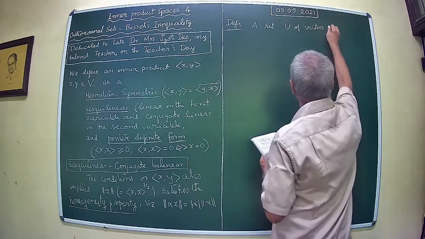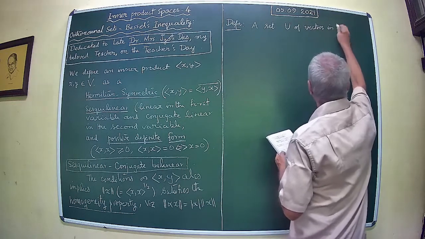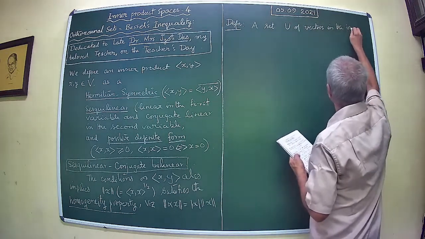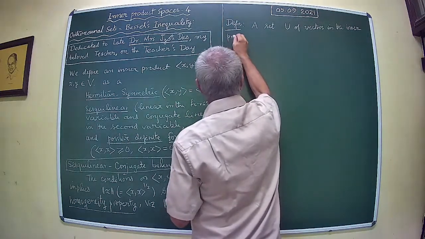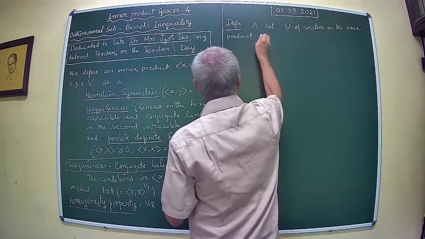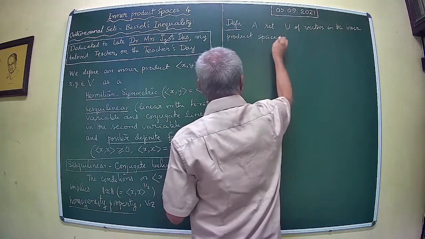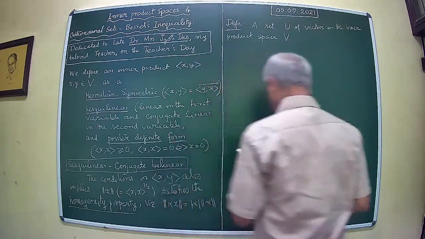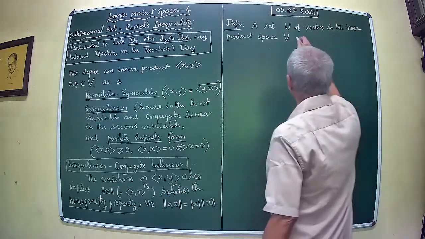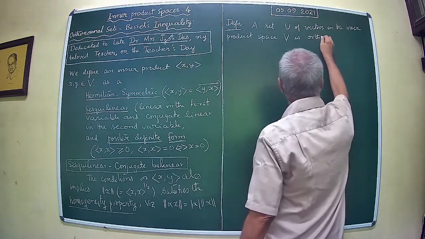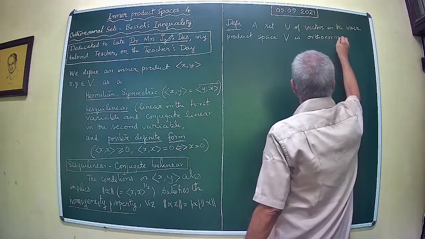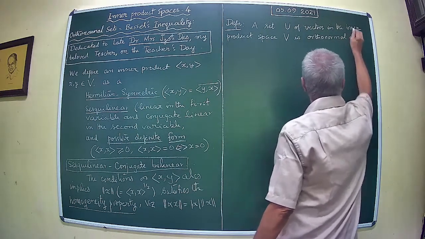Vectors in the inner product space V is said to be orthonormal if the following conditions are true.